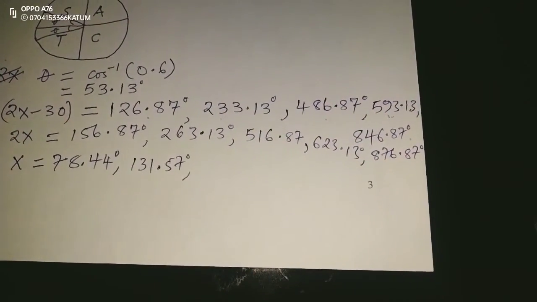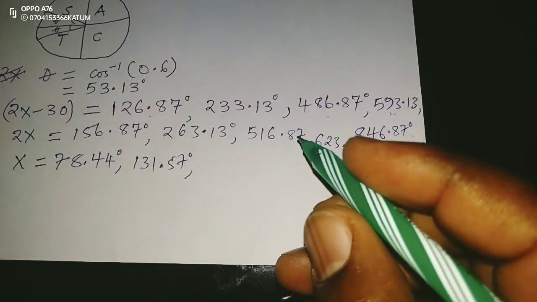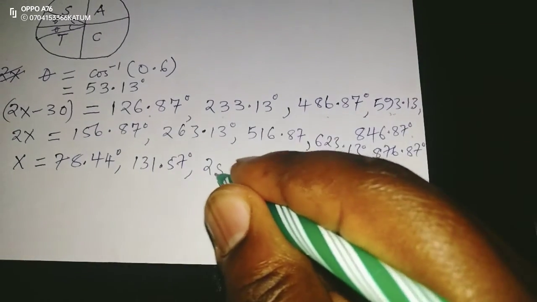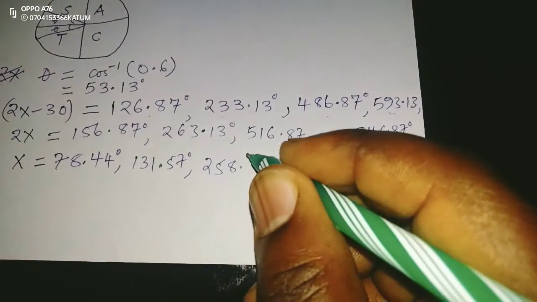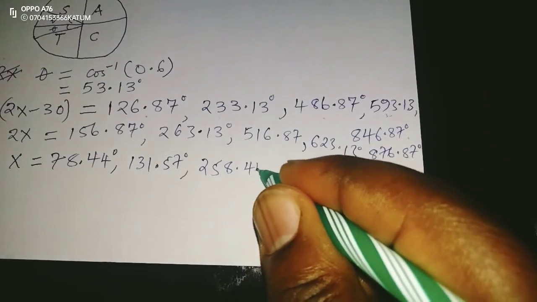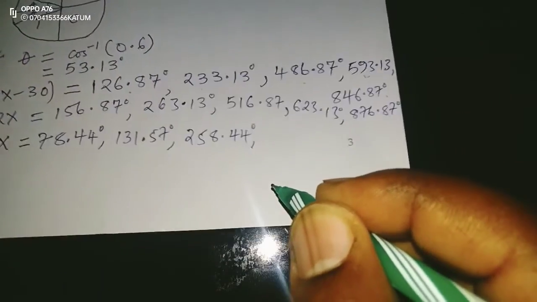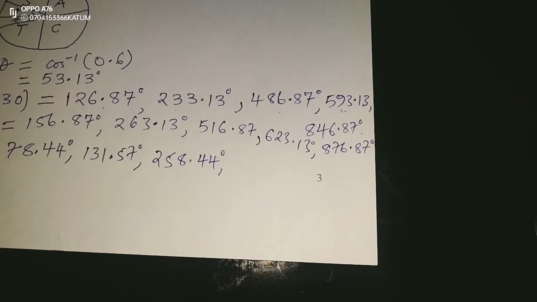The other one is 516.87 over 2. This becomes 258.44 degrees. The next one is 623.13 out of 2.